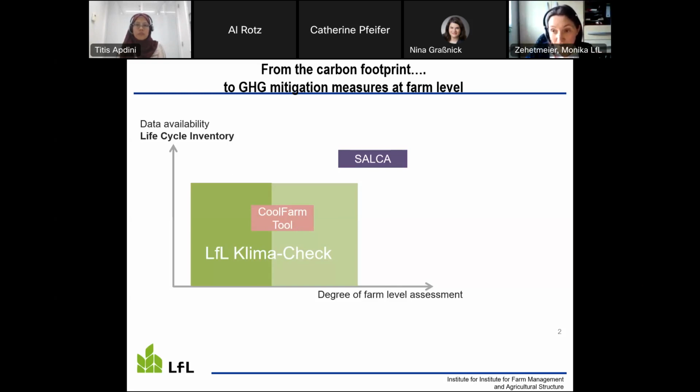But if we want to move forward to see what is not just the carbon footprint, but where can the individual farm and the individual farm system find greenhouse gas mitigation options, there a very detailed assessment is needed. And what we tried with our LFL Klima-Check is to make these degrees very variable for the user, for the advisors, and also for research, so we can play around as much as possible.